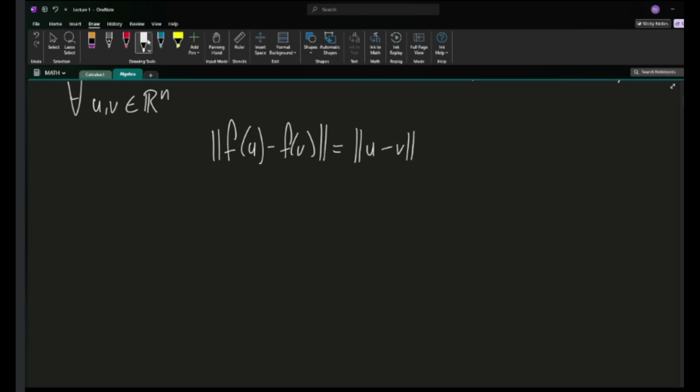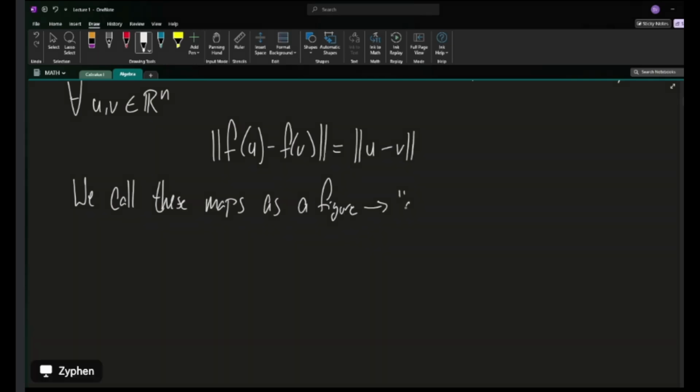And we call these maps a figure to a congruent figure, which means it's basically just describing literally what an isometry is, or what these rigid motions are.